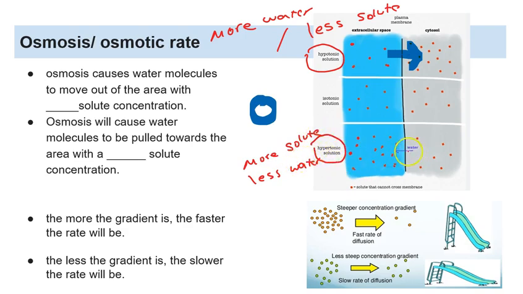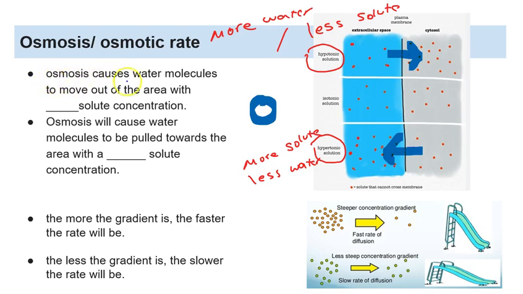Let's follow the movement of water. Water is going to move from less solute to more solute, or from a higher concentration of water to a lower concentration of water. Okay, and let's practice one more time.